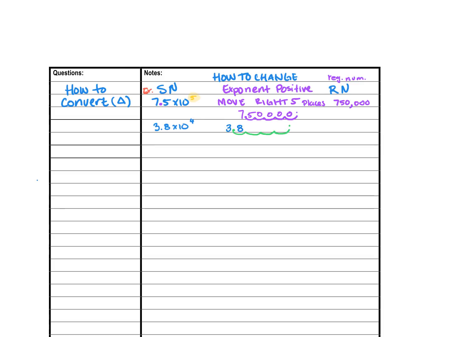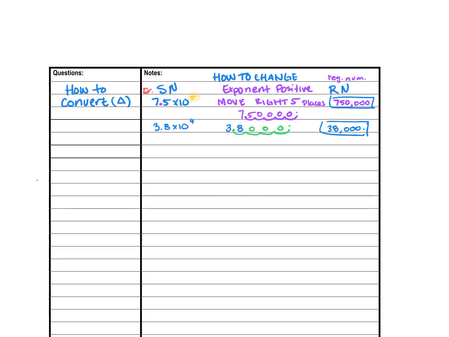Drop your decimal. 1, 2, 3. Okay, so 38,000. So because, again, positive exponents are big numbers. Okay?